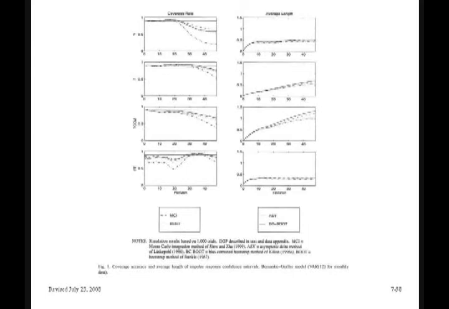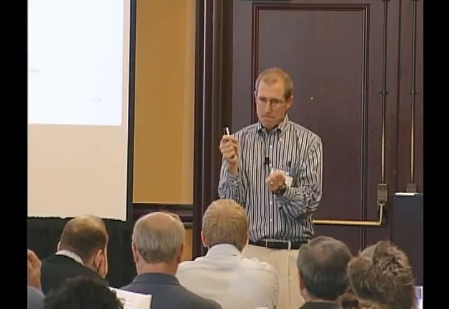So, in particular, what we're talking about is a Monte Carlo study where you compute an artificial set of data, and then you compute an impulse response function from a VAR, and then you compute confidence intervals for that. And then you do that over Monte Carlo repetitions, and you find out what fraction of those confidence intervals contain the true impulse response function. Since it's a Monte Carlo experiment, I know the true impulse response function, and you can see what fraction contain it.